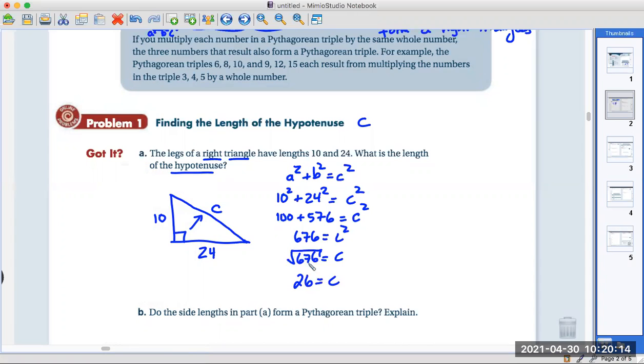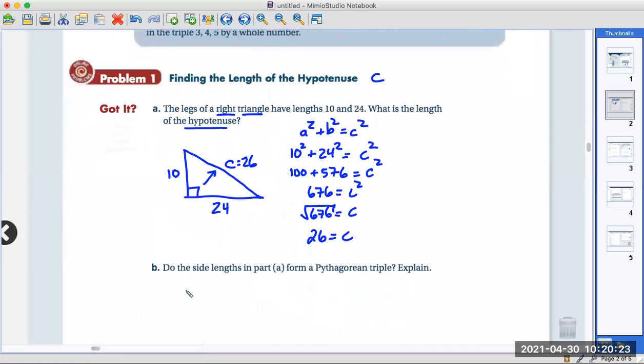Make sure you find your square root key. So C is 26. Do the lengths form a Pythagorean triple? Explain. Yes, they are whole numbers.